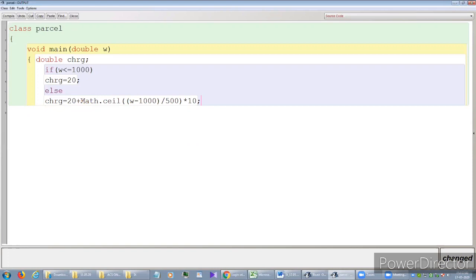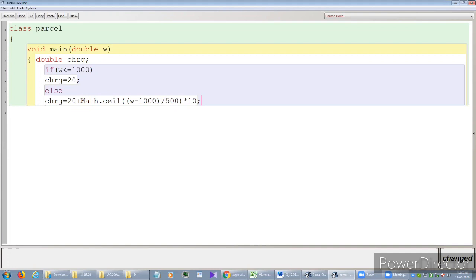Now Deepan, give one example. Sir, can you explain Math.ceil please, because I was not present in the last class. Just now I told you, Math.ceil is a predefined method which accepts a fractional number and converts it to its nearest highest whole number. If you give 1.1, you will get 2.0. If you give 1.2, you will get 2.0.